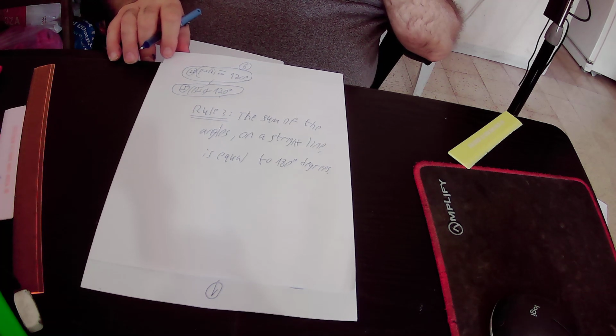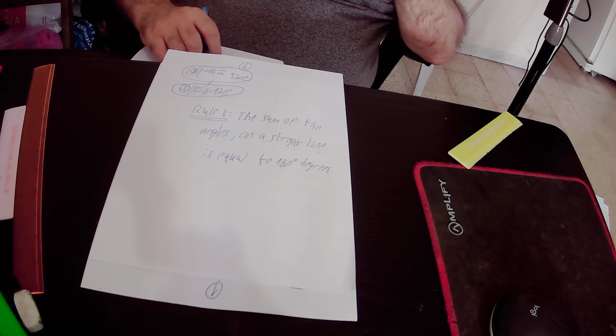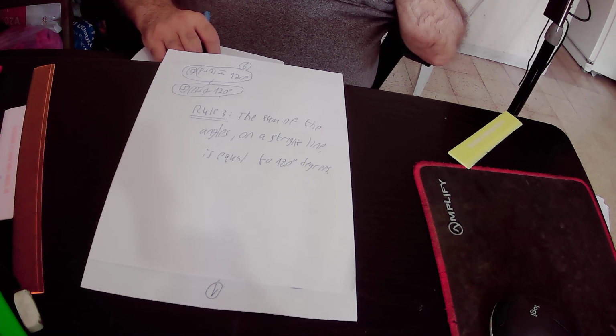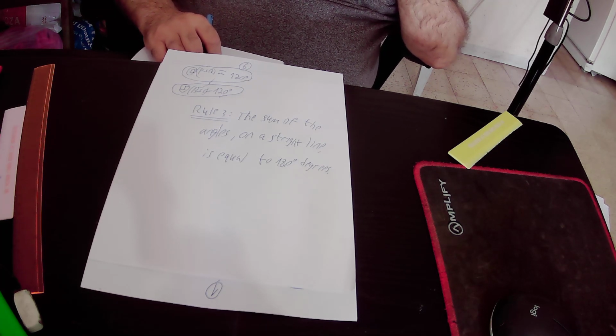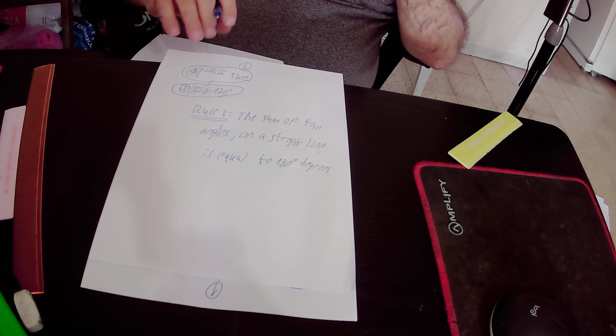I will read rule number 3 again. Rule number 3 states that the sum of the angles on a straight line is equal to 180 degrees.